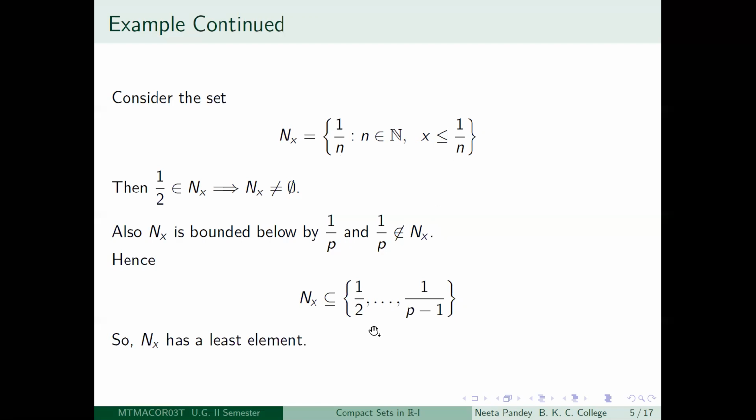Half is there, we know. 1/p is not there, we know. So the numbers which will belong to this set will be a subset of half to 1/(p-1). It cannot be anything of the form 1/m, where m is greater than or equal to p.